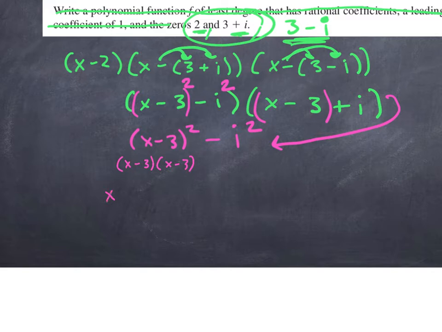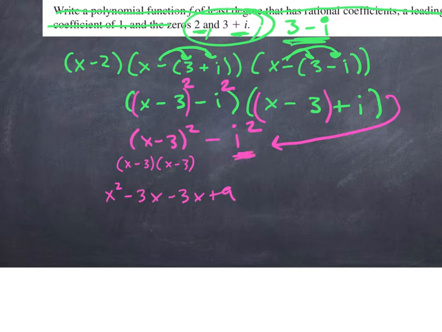So x squared minus 6x plus 9. Yes, but you're skipping a step, so I'm just going to write it out before we simplify. So I have x squared minus 3x minus 3x plus 9. But we'll combine the like terms in the next step.